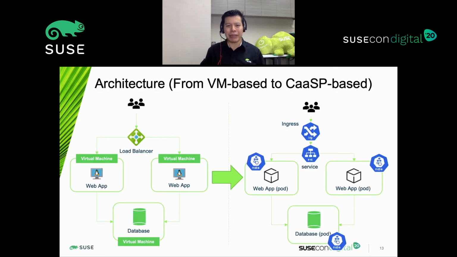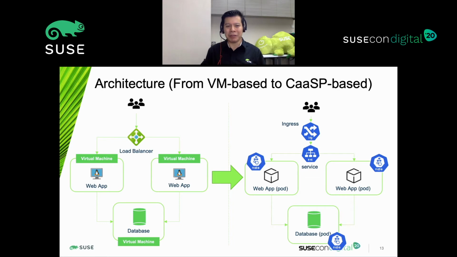Now you may wonder how a three-tier architecture application running in a VM is different from running in Kubernetes like CaaS. Basically, as you can see in these diagrams, they can be very similar, it's just that the objects needed to manage each part of the architecture are different.